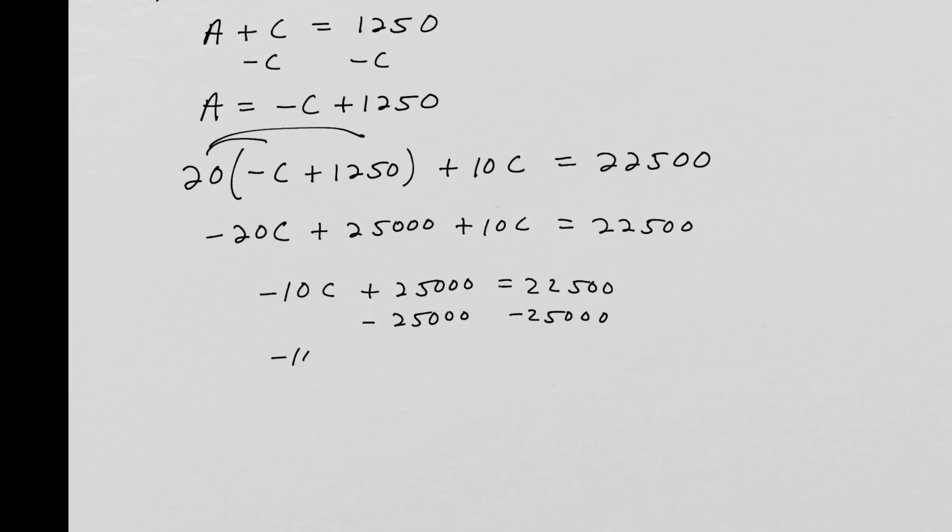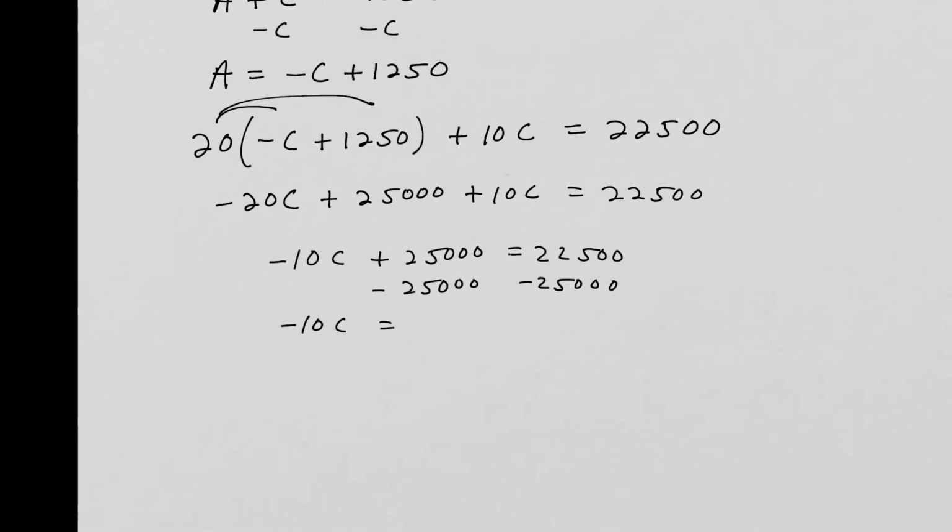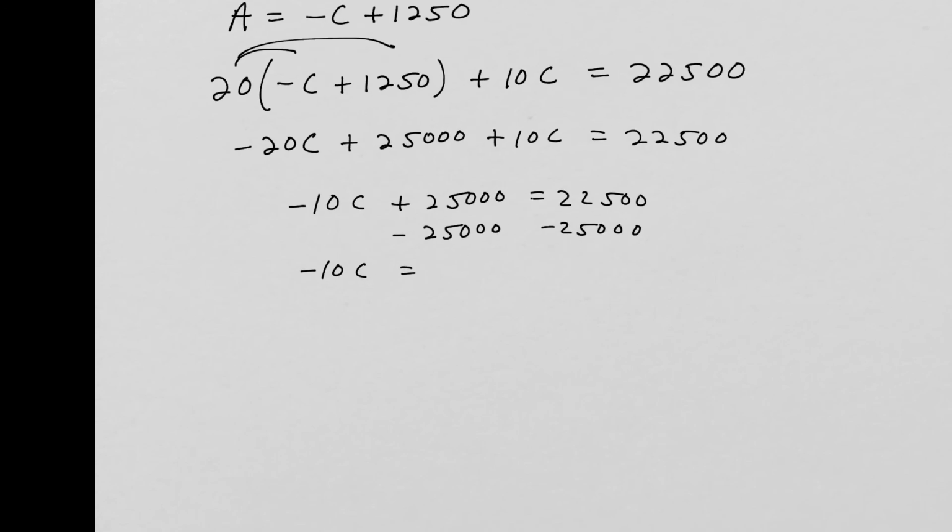So I have negative 10C equals, well, what's 22,500 minus 25,000? That's going to be negative 2,500. And then finally, to get C by itself, I'm just going to divide by negative 10, right? Divide by negative 10. So C is going to be, I guess, 250.